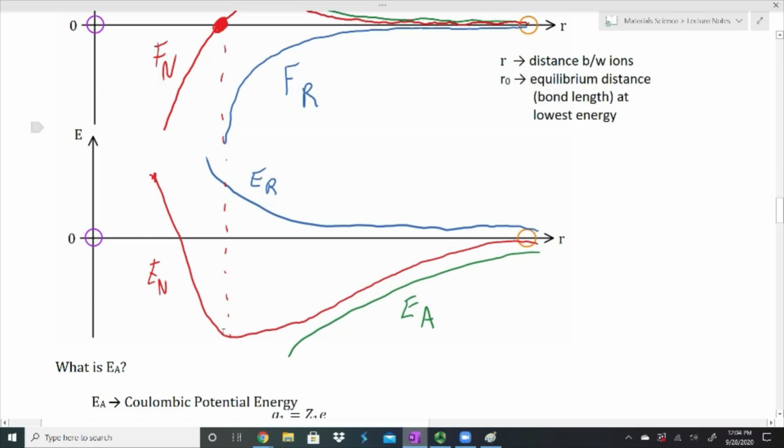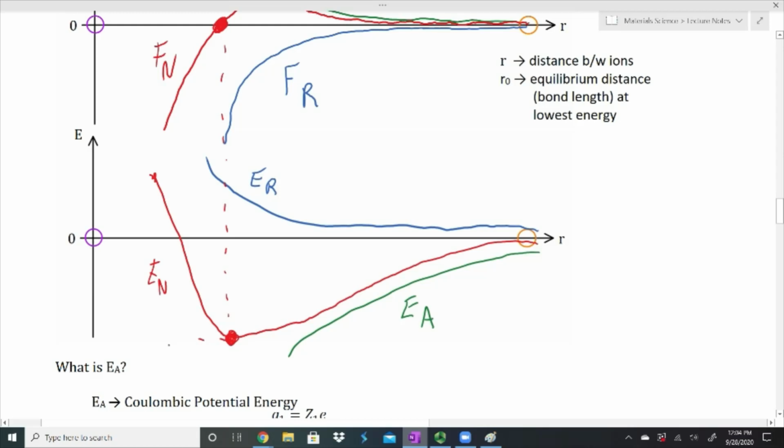When these two atoms come together, eventually we don't want them too close together. We don't want them too far apart. We want them to sit where they naturally want to be, and that natural state is going to be at its lowest energy point. And so that's why I put this dotted line here. This spot down here is going to be our minimum energy.